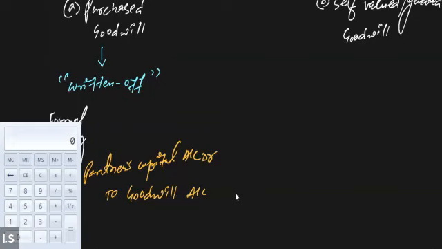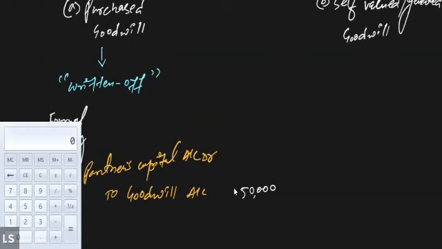Let's suppose, just keep it simple, the value of the goodwill is 50,000. If we are writing it off from the books of account, we need to credit the value of the goodwill because assets are reducing. So therefore we need to credit the asset account.